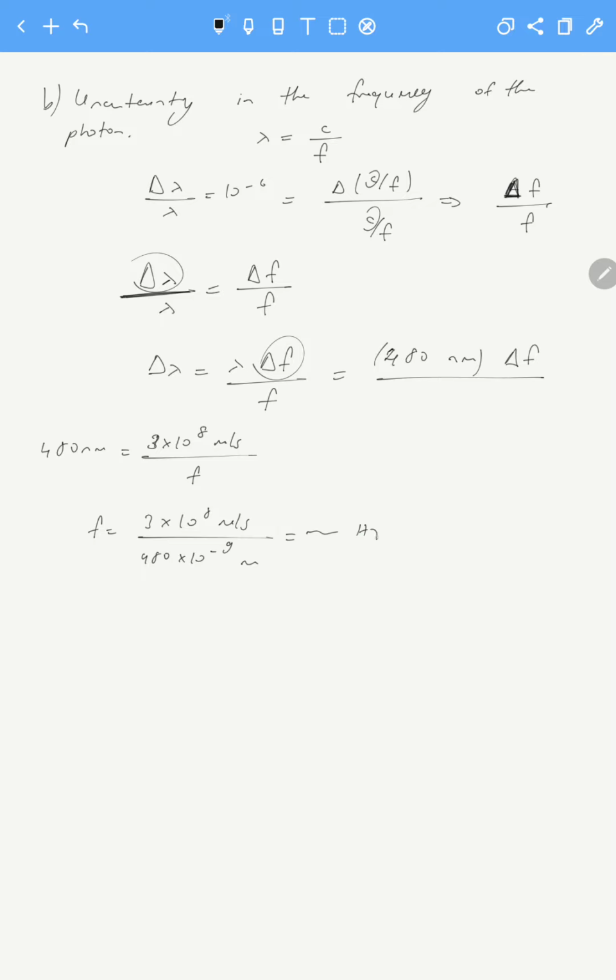And this is something in hertz, obviously. So take this number, put it here, then we know this to be equal to 10 to the minus 6.